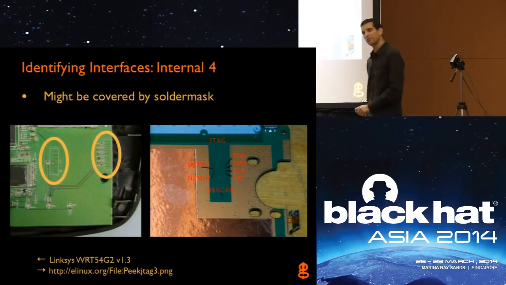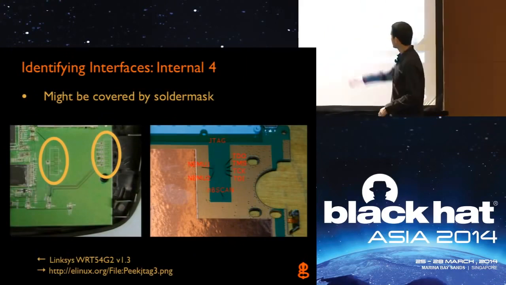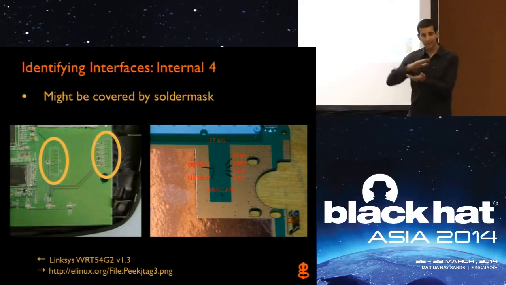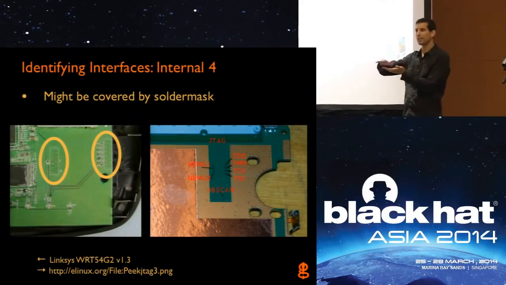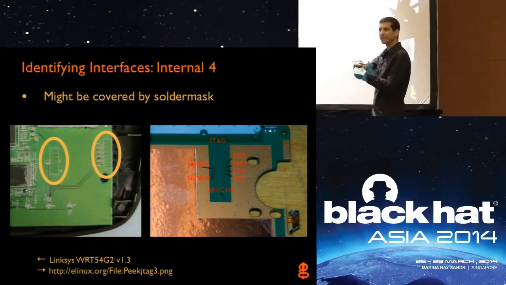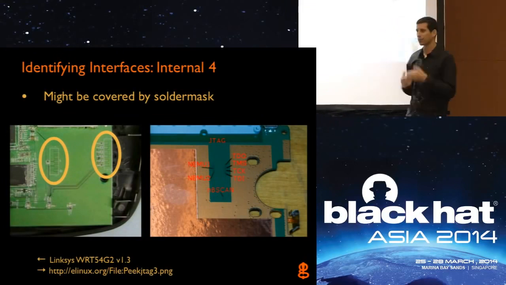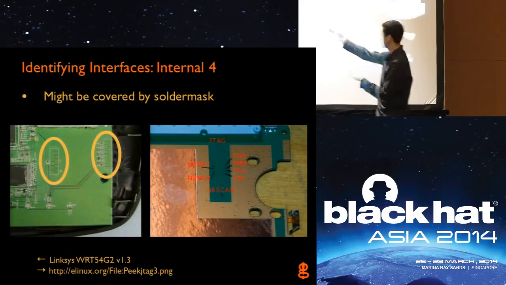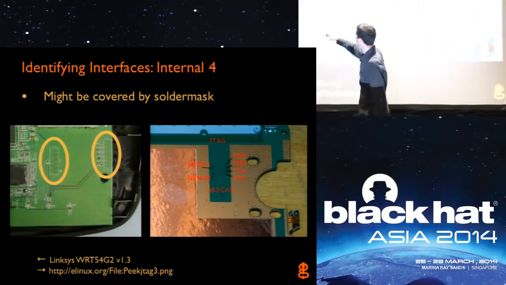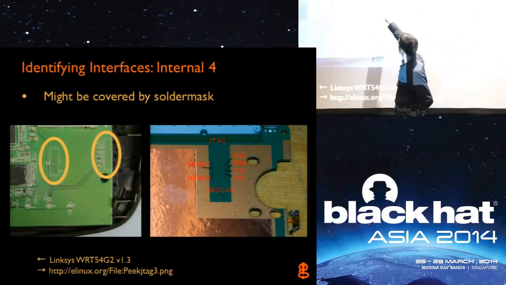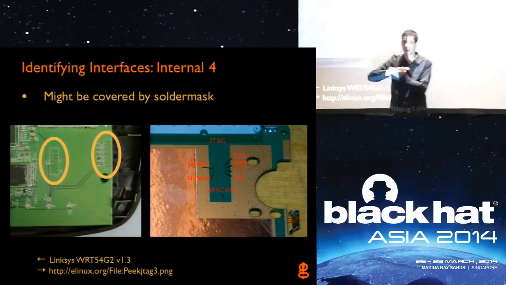Other boards try to be a little more sneaky, covering the interface with solder mask. Solder mask is a coating that goes on top of the board to protect any copper areas that don't need to be exposed to the outside world, that don't need to have components soldered onto them. So here's a connector, two different connectors actually, with the solder mask on top.